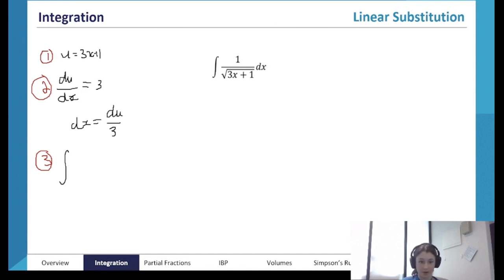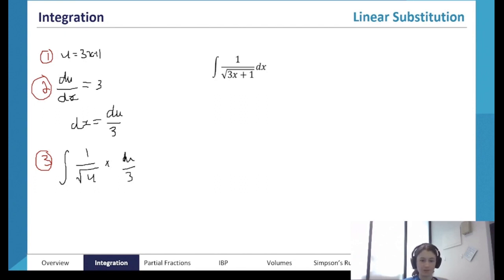So we're going to have 1 over root u multiplied by du on 3. Once we've done this, we now need to integrate with respect to u. So we're going to be acting as if u is the variable instead of x.